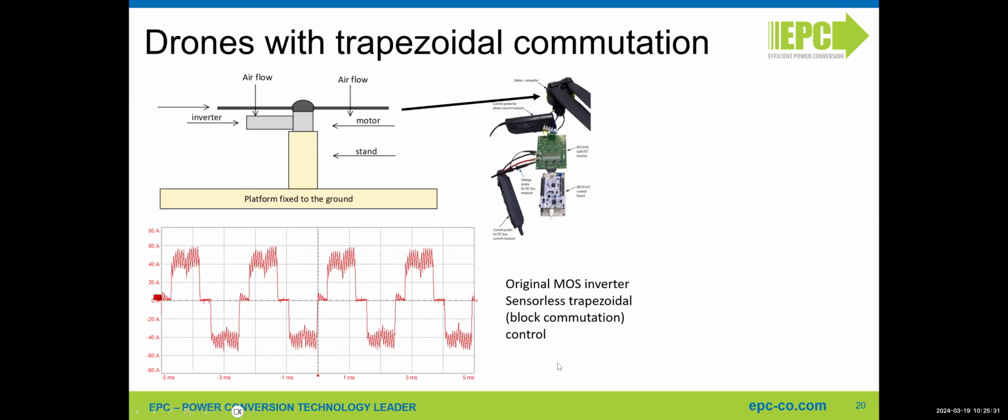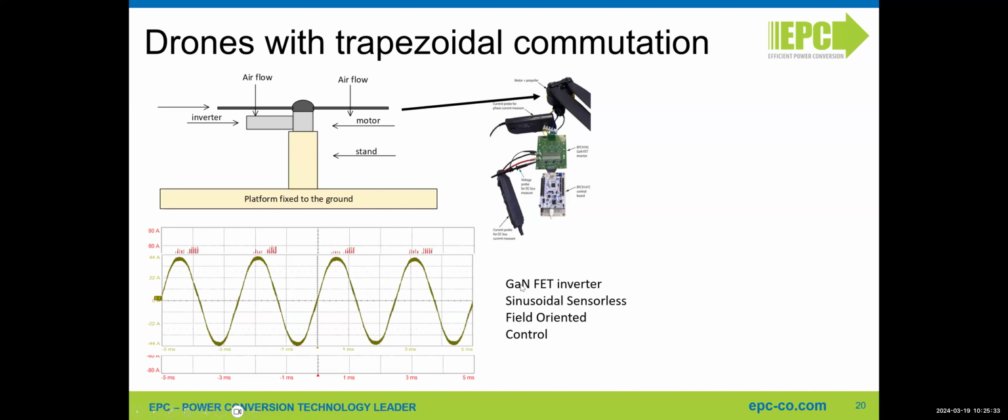If you compare the gallium nitride inverter with sinusoidal sensorless field-oriented control running at 80 kilohertz, then you see that in the same condition there is a very nice sinusoidal waveform.